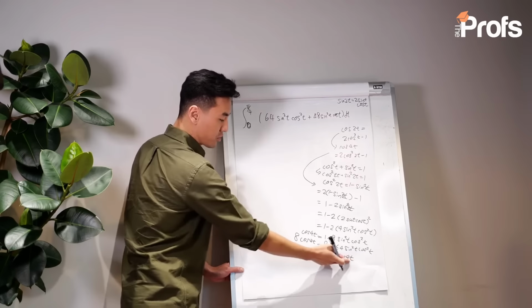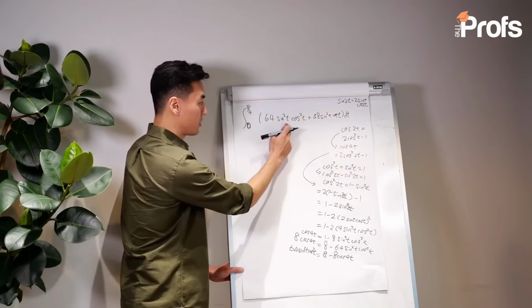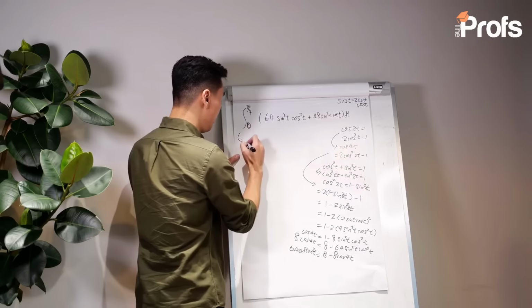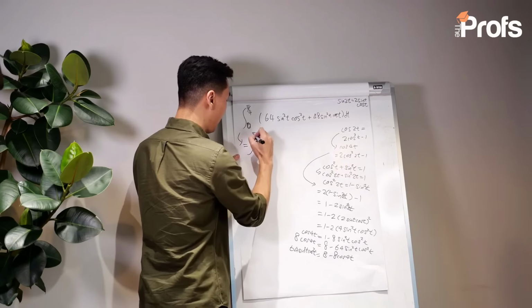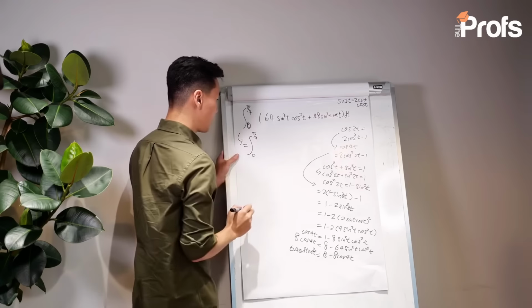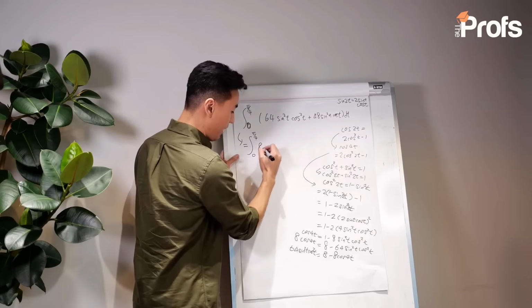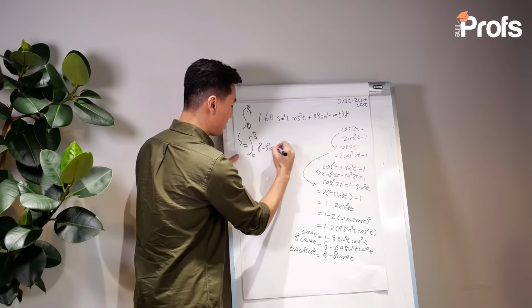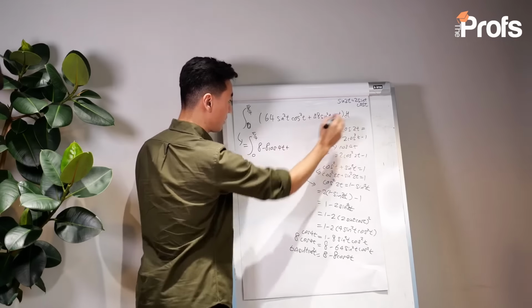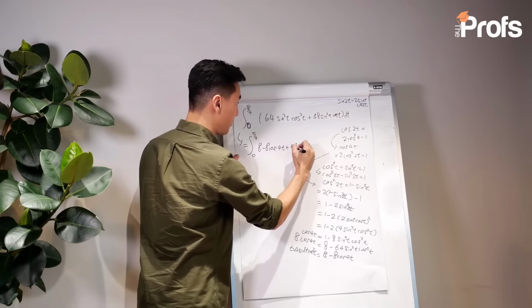So the last step, of course, is just to replace this into here. So that's going to give me pi over 4 and 0 as the limits unchanged. Now I'm going to replace, which is 8 minus 8 cos 4t plus the remaining part that I haven't touched.